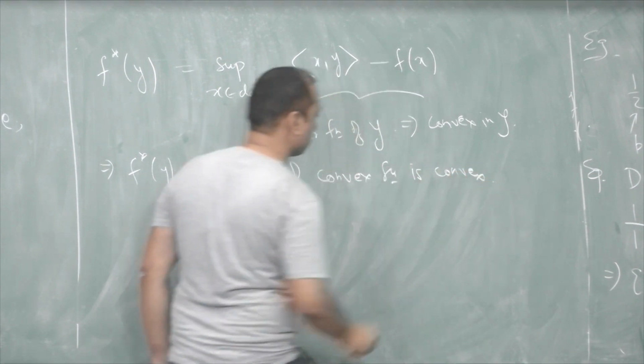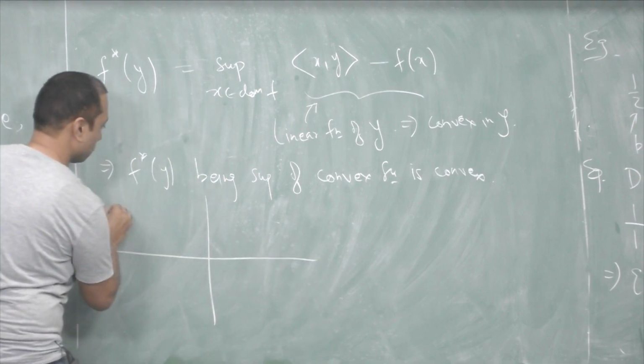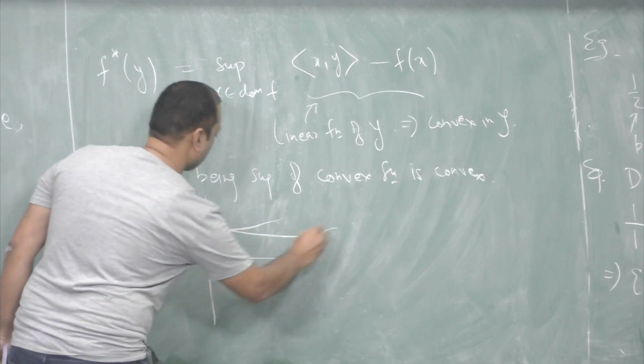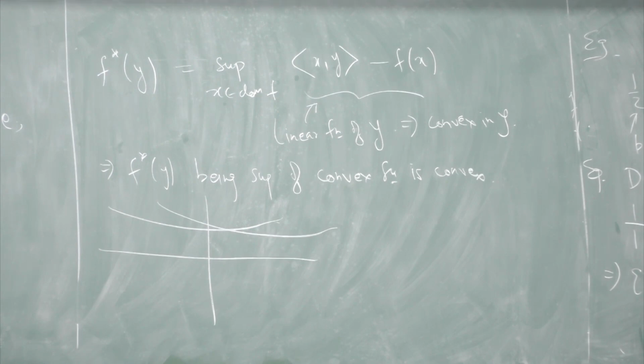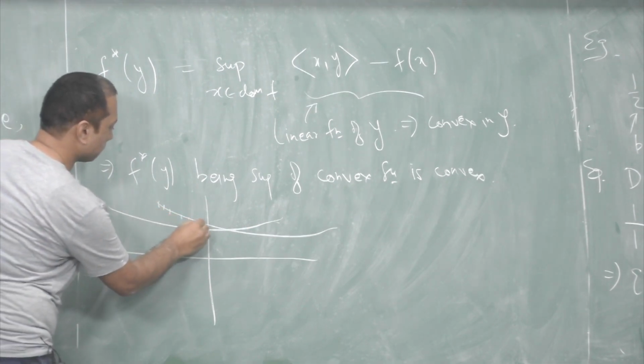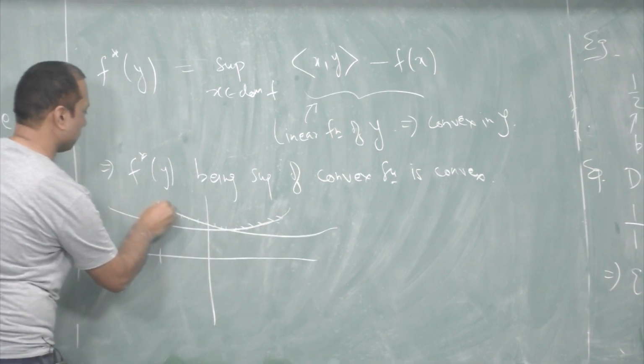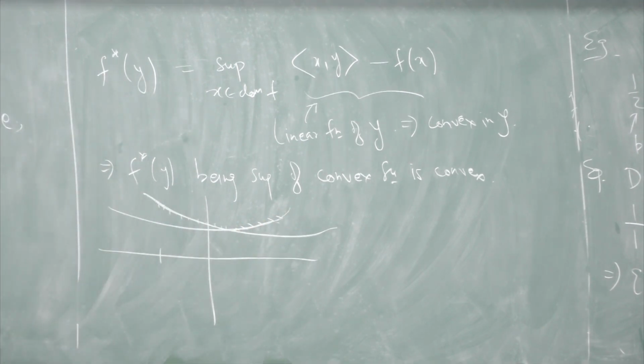Remember, last time I showed you why. I drew a couple of convex functions like that, and for the supremum I take the maximum. So until here it is this one, and after that it is this one. So indeed the supremum of convex functions is convex, and that's what we used.